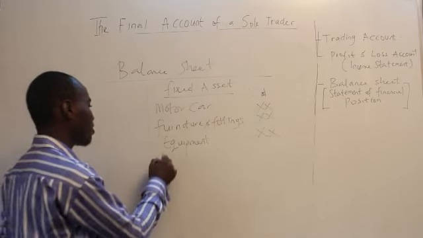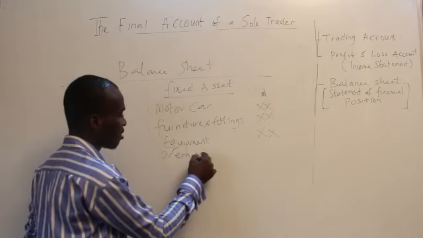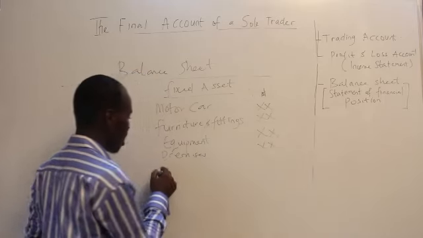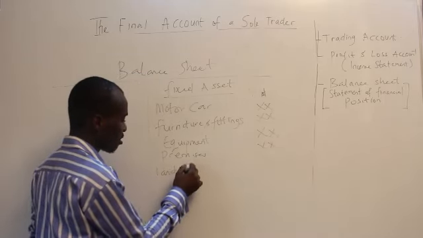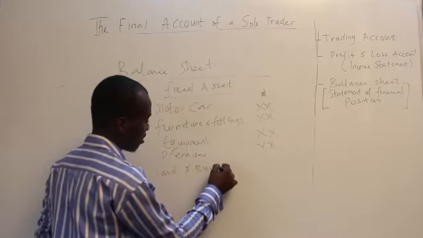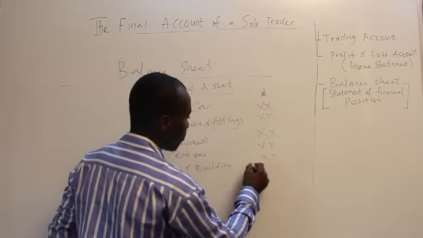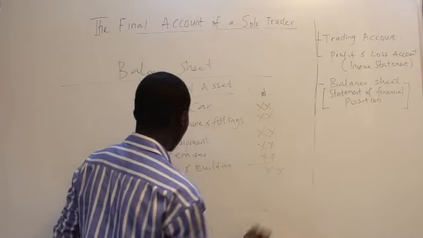We can also have premises, so we can have land and building. So the addition of all fixed assets will come this way.